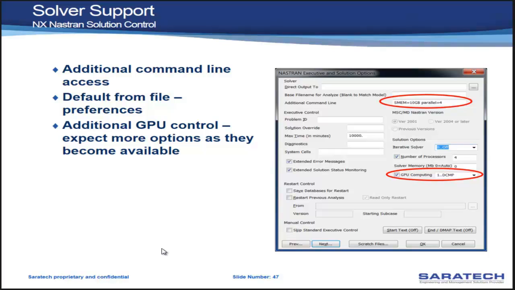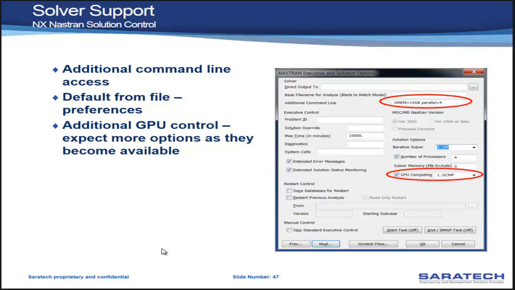In the Nastran execute solution options, there are also some additions. One of them is the additional command line access, and this basically allows you to add additional command lines, and some of our customers want to give different command options for each run. So this is the available option now, and this is something that we have actually been asking for, so it's really good to see it on here.